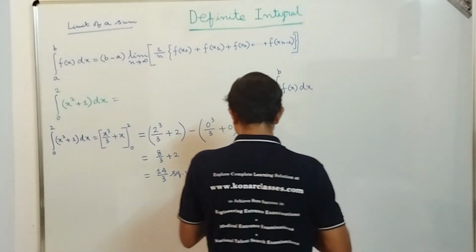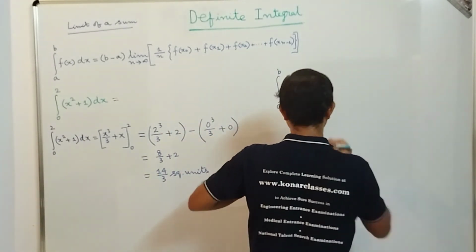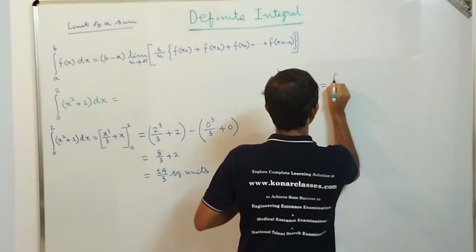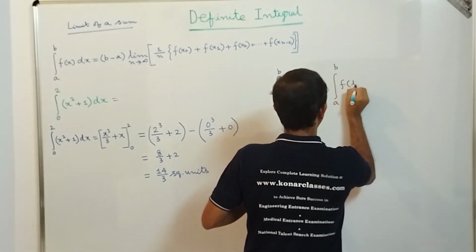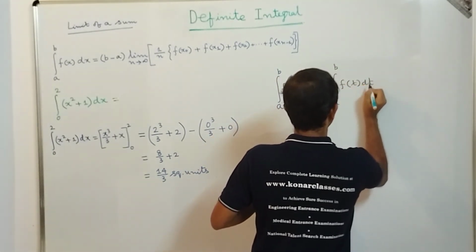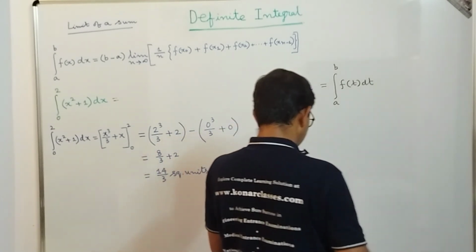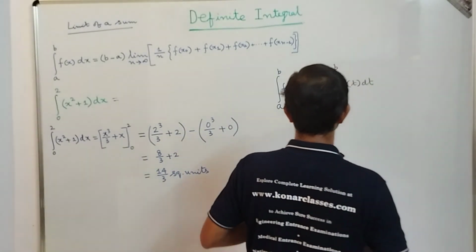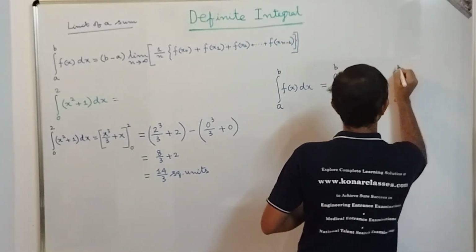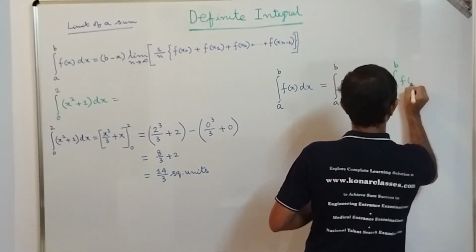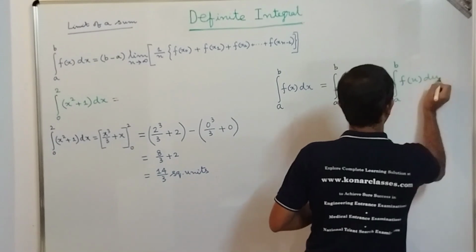Now that is also equal to the integration from a to b of f(t) dt, and that is also equal to the integration from a to b of f(u) du, and in that way you can proceed.